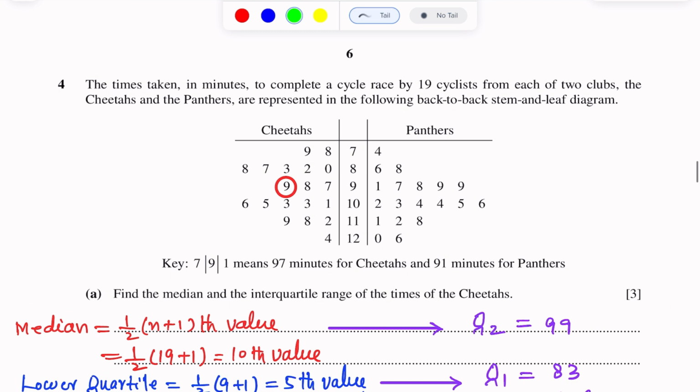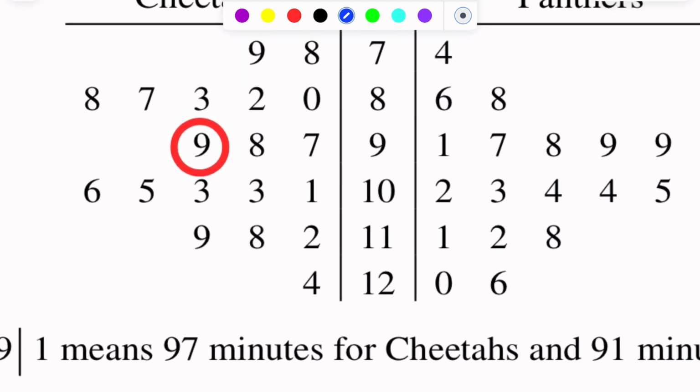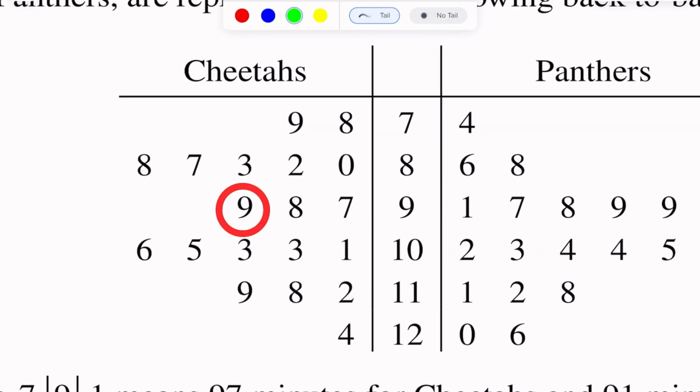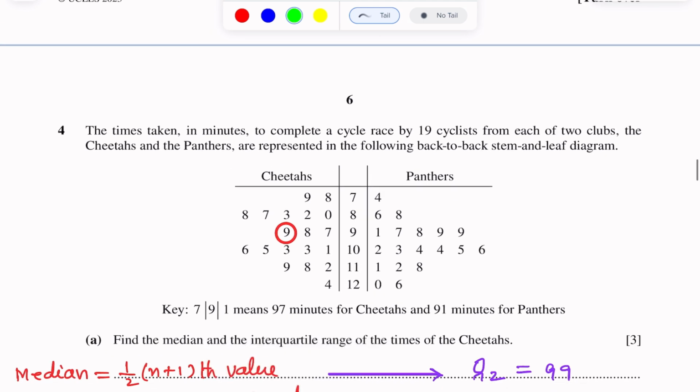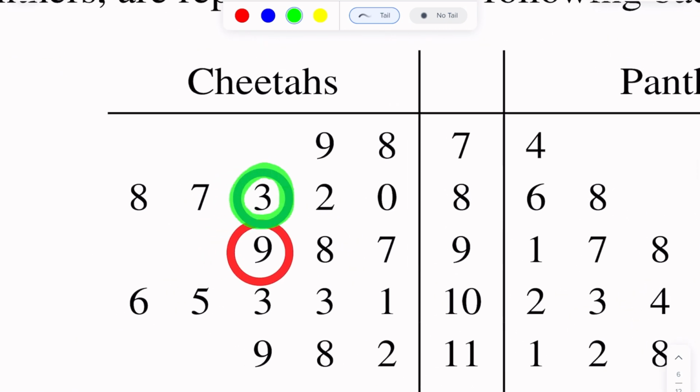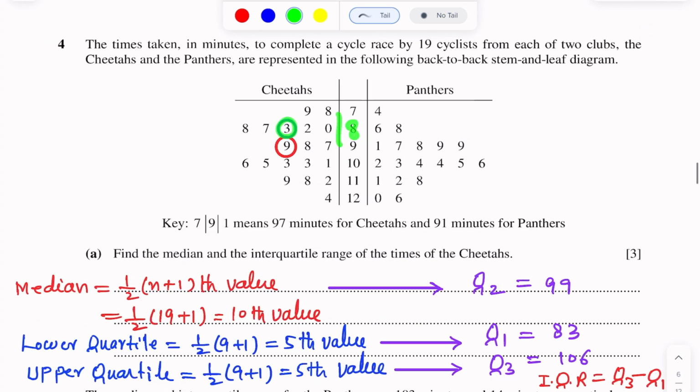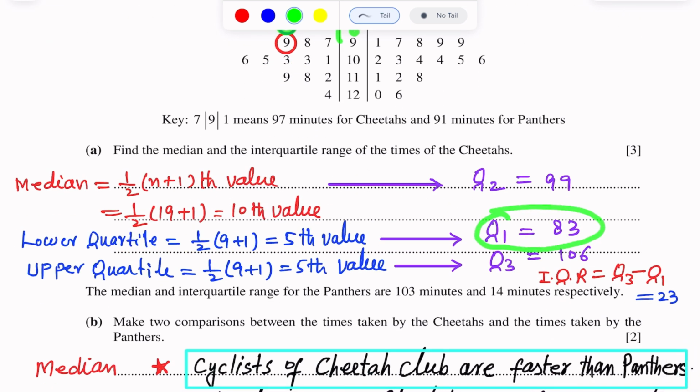The fifth value is the median of the first half, which gives the lower quartile: 1, 2, 3, 4, 5. According to the key, 3|8 means 83. So the lower quartile is 83.